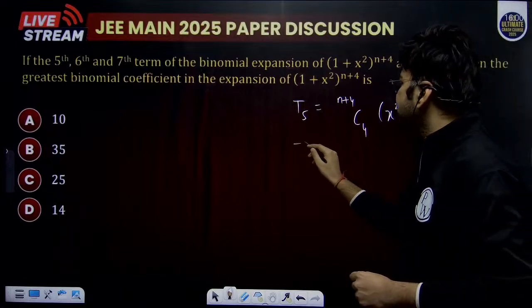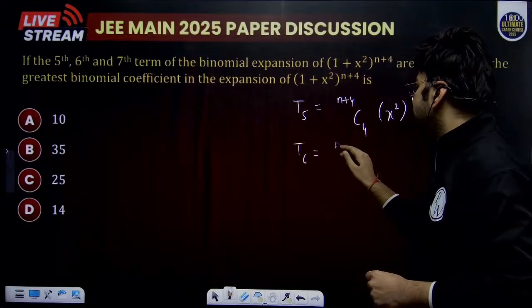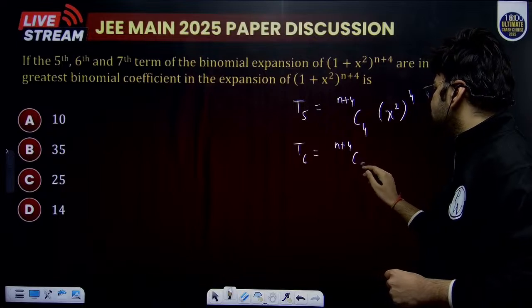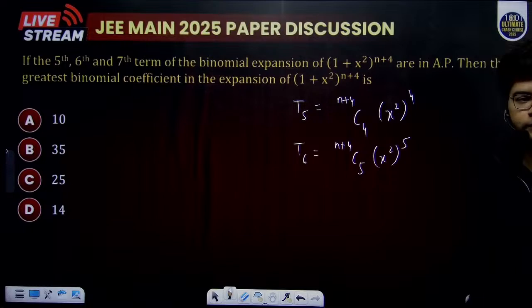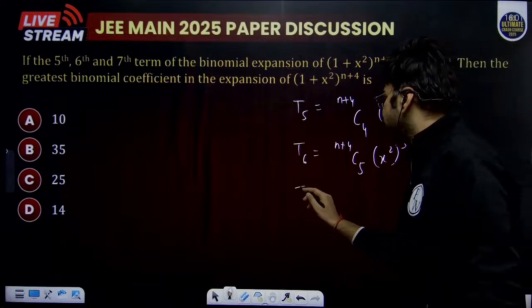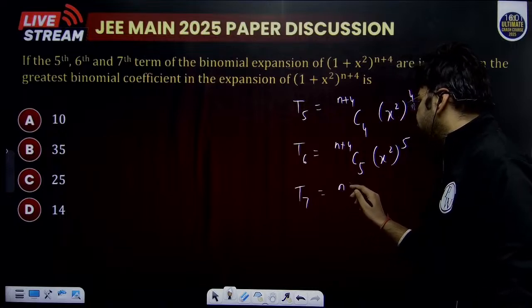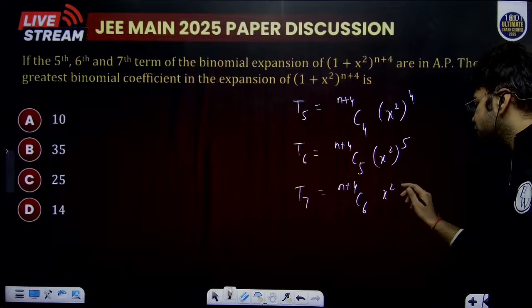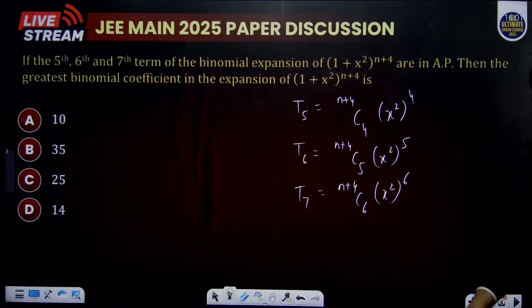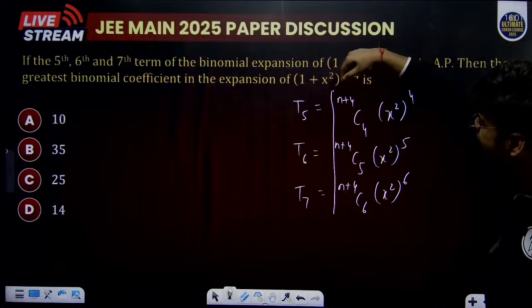Next, T6, if you write, it will come out as n+4 C 5 x^2 raised to the power 5, whereas the seventh term will come out as n+4 C 6 x^2 raised to the power 6. Now it is given that these three coefficients are in AP.